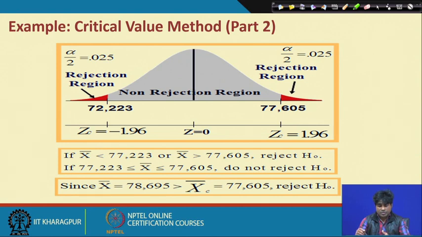If the test statistic is less than that, it will be rejected. The upper limit is 77,605. If the test statistic is greater than that, it will fall in the rejected zone. In this case, since x bar is 78,695, which is greater than 77,605, by default you are rejecting the true null hypothesis.